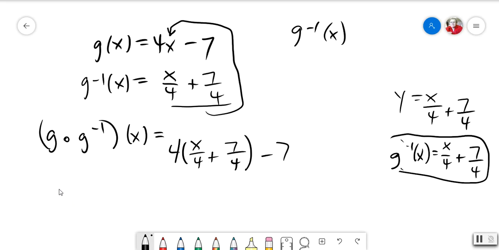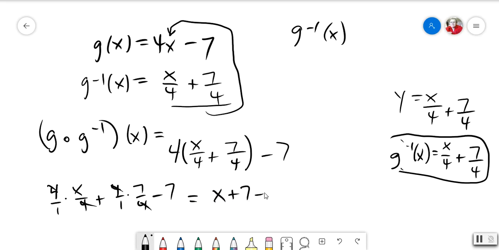This is a distributive property, so I'm going to have 4 over 1 times x over 4 plus 4 over 1 times 7 over 4 minus 7. Your 4's cancel, so that leaves you x plus 7 minus 7. 7's cancel out, leaving you with x. So that is correct.